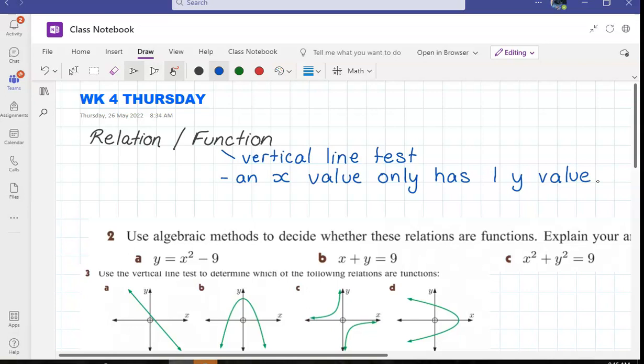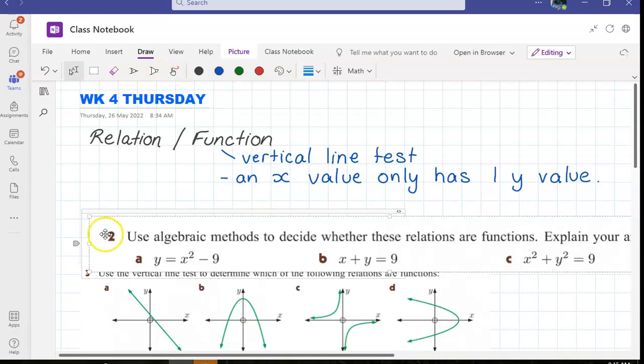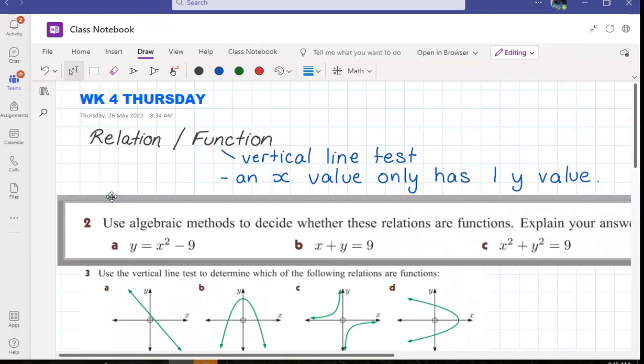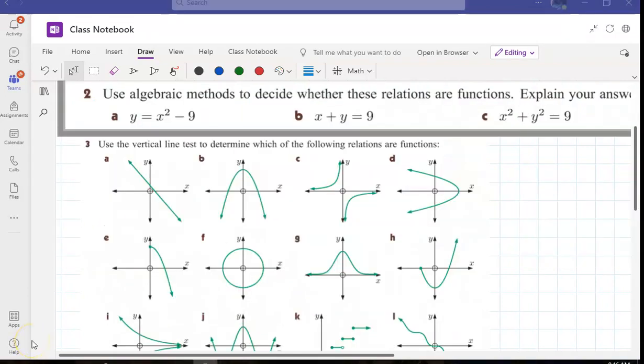Are we good with that? Nothing difficult, nothing to see here. And I don't think that you need to actually draw any of this stuff. Don't worry about number 2 for now. We'll come back to that.